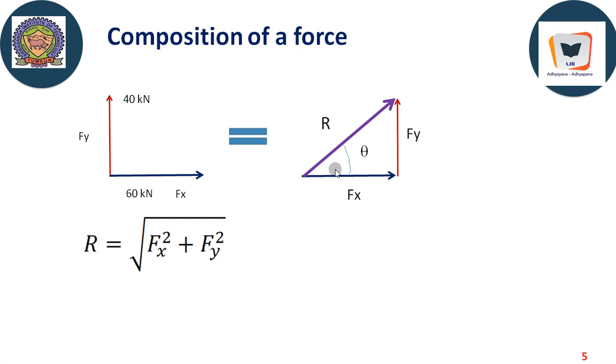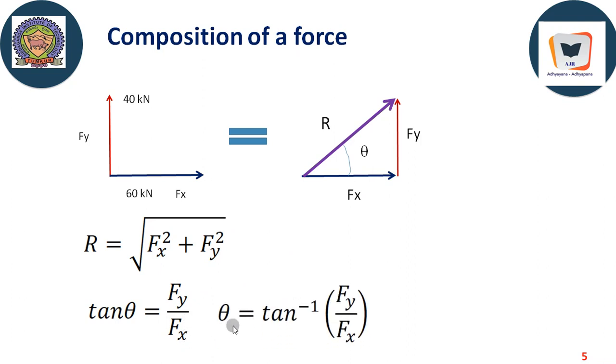So the resultant equals the magnitude, which is the square root of Fx square plus Fy square according to the Pythagoras theorem, and tan theta, the direction of this resultant, should also be obtained, which equals opposite by adjacent. Opposite is Fy and adjacent is Fx.